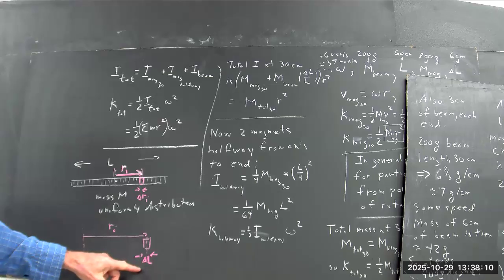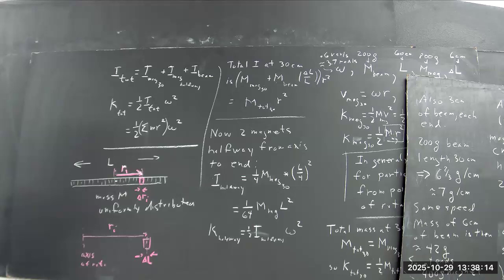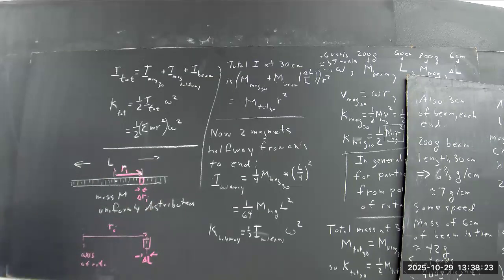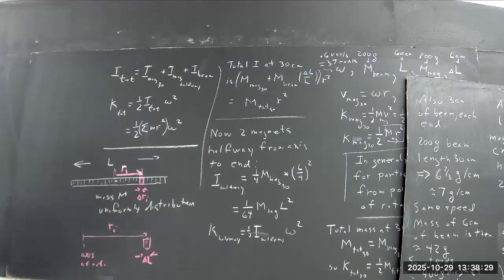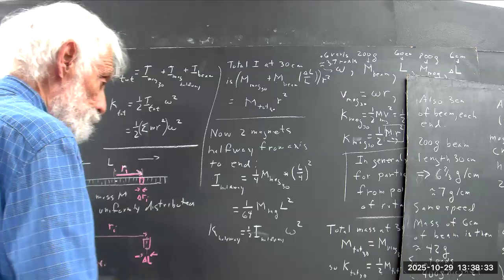If delta L was 1/20th of the length, could you tell me what the mass is? Wouldn't it be 1/20th of the total mass? If it's 1/1,000,000th of the total length, wouldn't it be 1/1,000,000th of the total mass? Well, connect that.